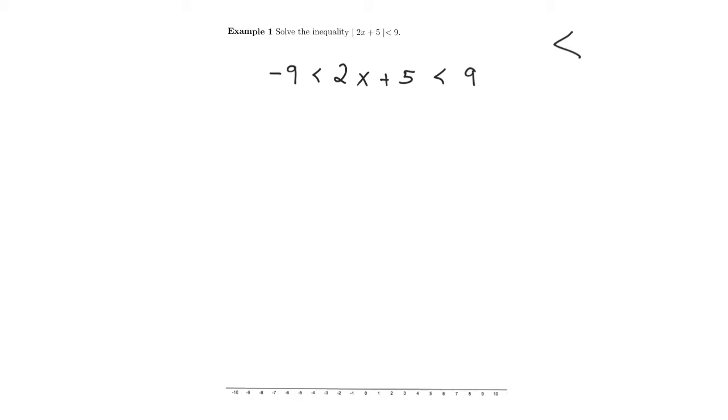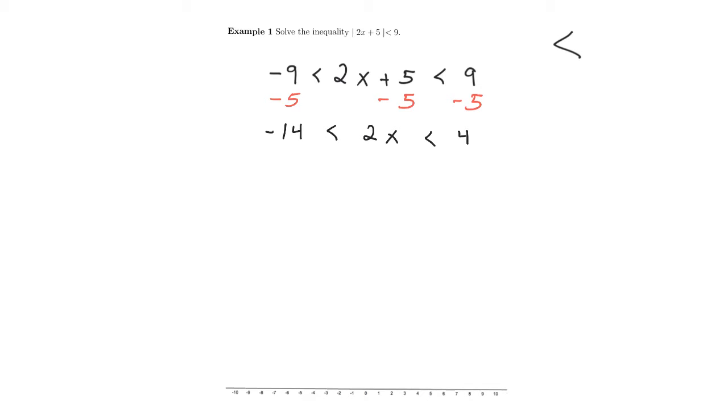So let's see. I think this one's going to be fairly straightforward. I'll subtract 5, but I'll subtract it from both sides of my inequality. And when I simplify this, I get negative 14 is less than 2x is less than 4.